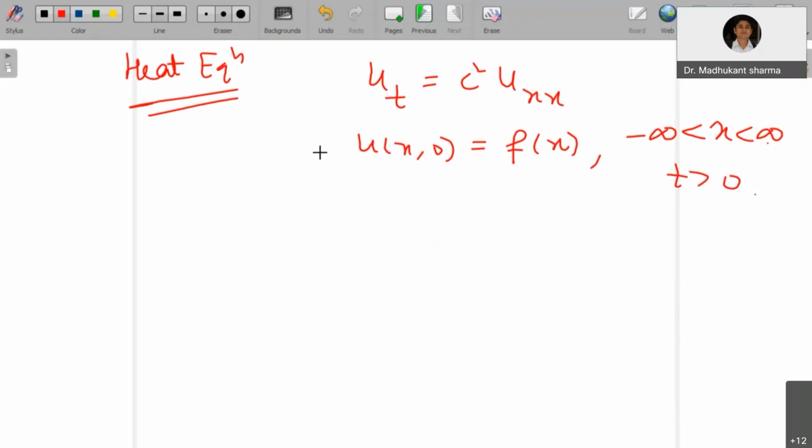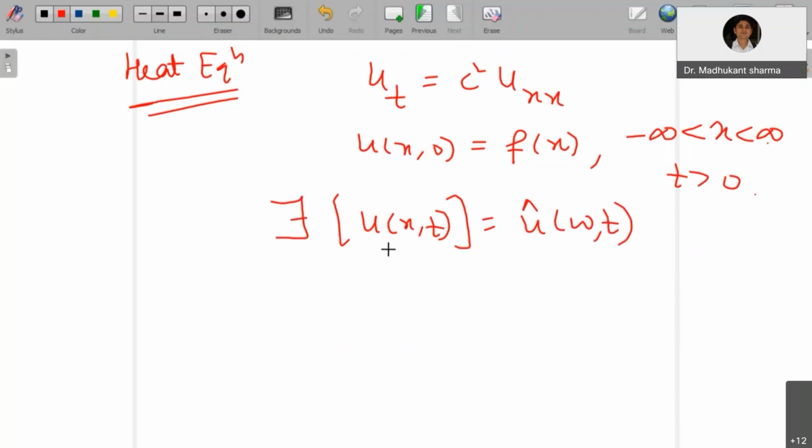So we are going to apply the Fourier transform with respect to the space variable x, because that is the one varying from minus infinity to plus infinity. The Fourier transform of u(x, t) we define as u cap of w comma t.